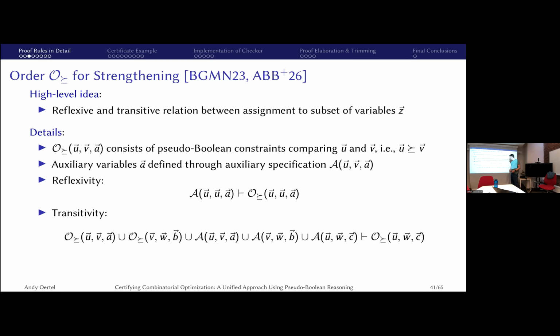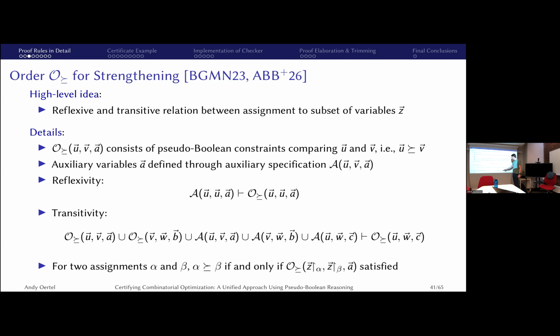For transitive, it's similar: u is greater equal v, and v greater equal w, so then we have to be able to derive that u is also greater equal w. This is just a standard cutting planes derivation that we're doing here to establish that the order is transitive and reflexive.